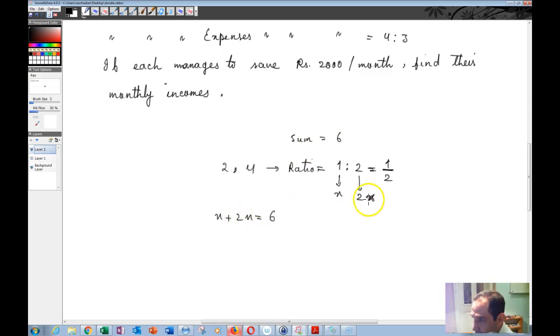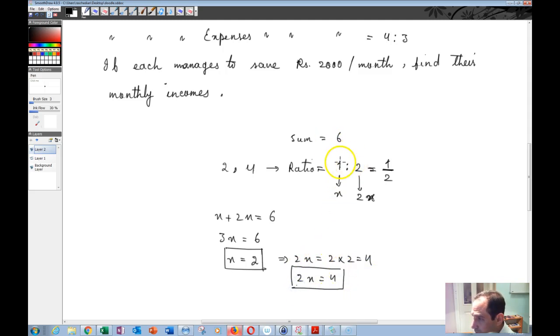If you add those two numbers together, you get 6, and that's their sum. That means 3x is equal to 6, and x is equal to 6/3, which is 2. So now that x is 2, 2x is equal to 2 times 2, which is 4.